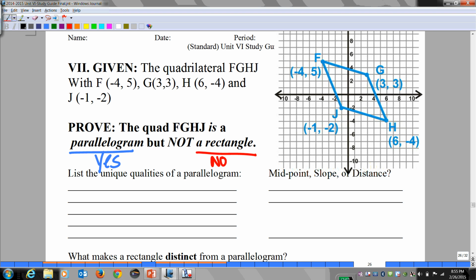Unique qualities of a parallelogram. OCD. Let's write this out. Opposite sides parallel. Opposite sides congruent.